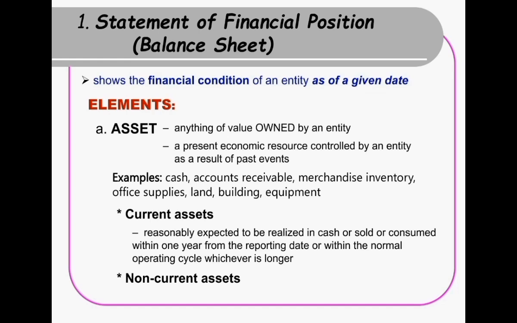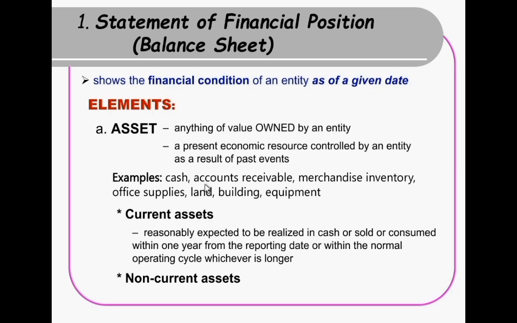Needless to say, assets which cannot be classified as current are shown in the statement of financial position as non-current or long-term assets. Cash, accounts receivable, merchandise inventory, and office supplies are some of the current assets because they are expected to be used or converted into cash within 1 year or within the normal operating cycle, whichever is longer.